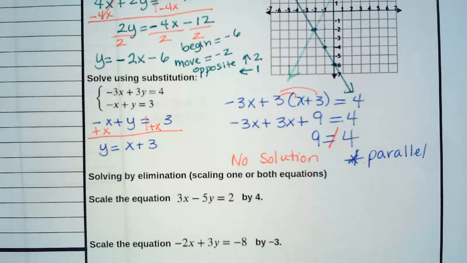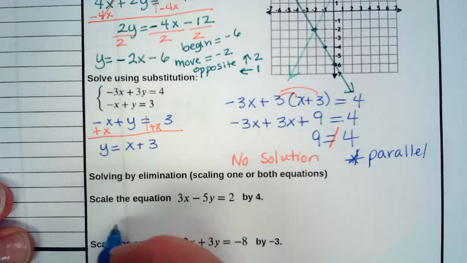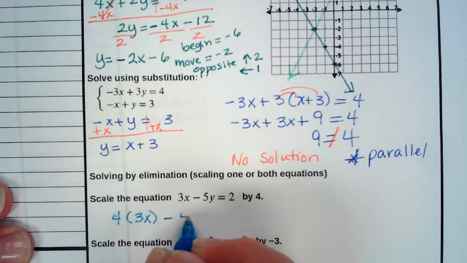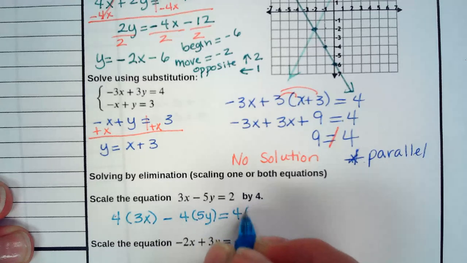Scaling means that we multiply every term by a number. So if I want to scale by 4, this becomes 4 times 3x minus 4 times 5y equals 4 times 2.